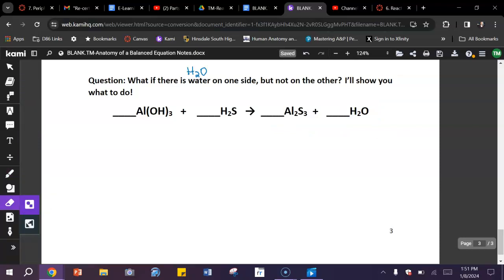If you have water on one side and you have a hydrogen and a hydroxide on the other, the solution is very simple. Look at what we're going to do. We're going to rewrite water's formula so that, I'm just going to cross it out here, we're going to change it to H parentheses OH.